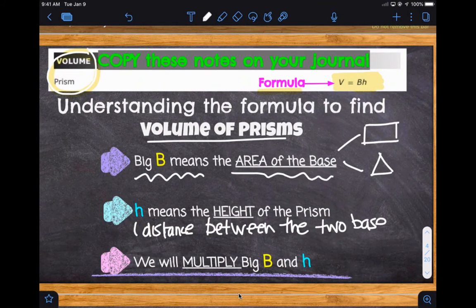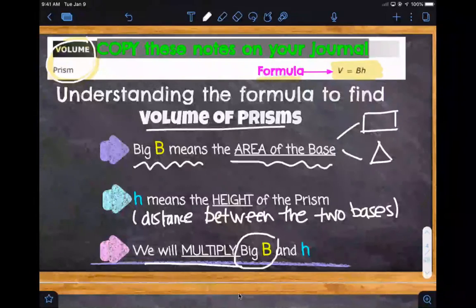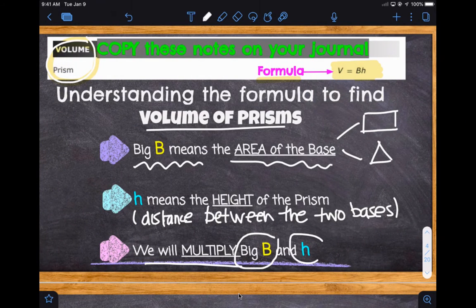Remember, height must always be perpendicular to the base, so the height must make 90 degrees with both bases. At the end, all we have to do is multiply the big B, the area of the base, by the height. That's how we get the volume of a prism.